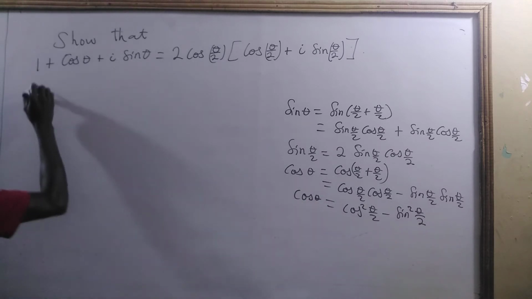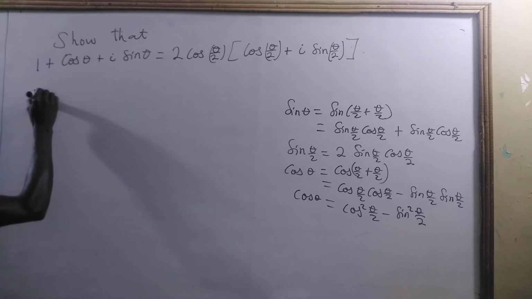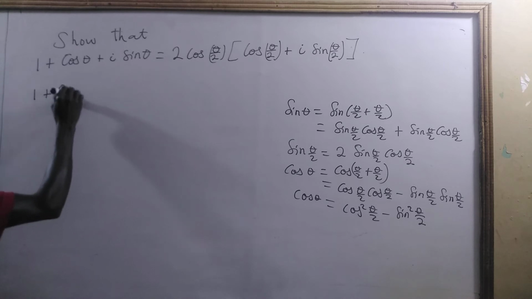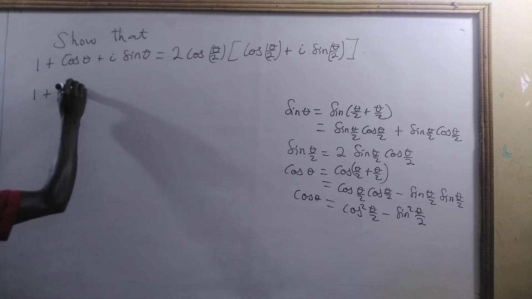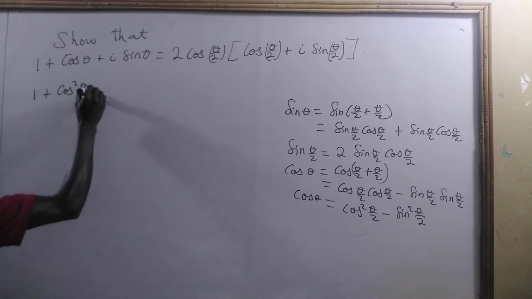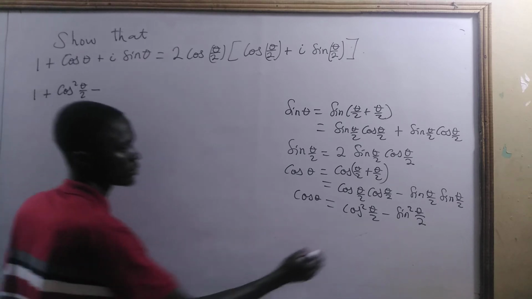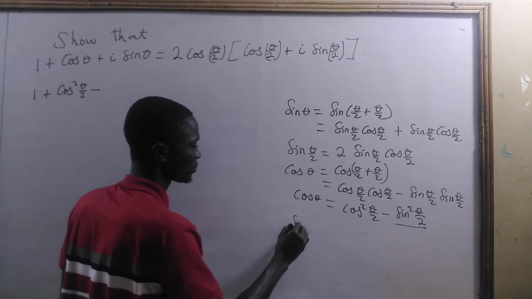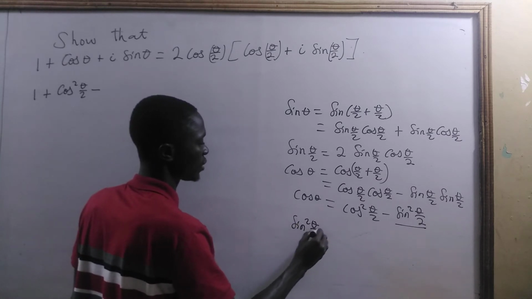Now, this implies that we have 1 plus, in place of this, we put cosine squared of theta on 2 minus sine squared of theta on 2.